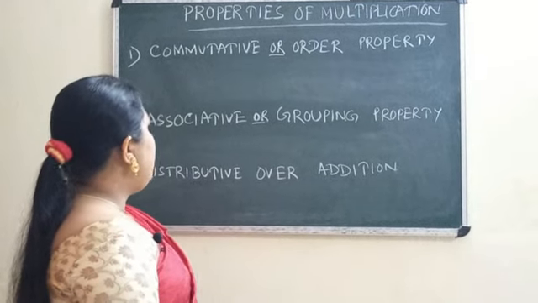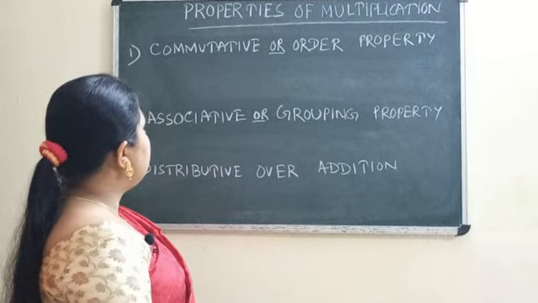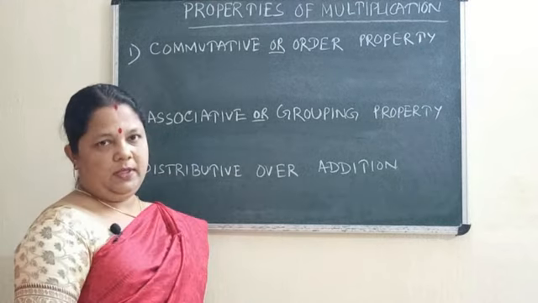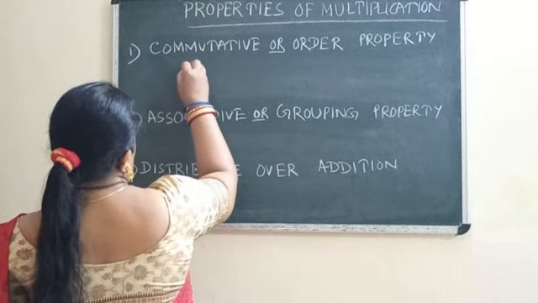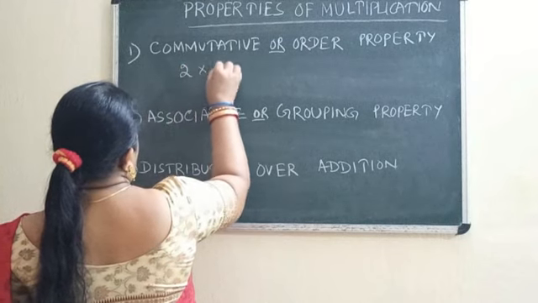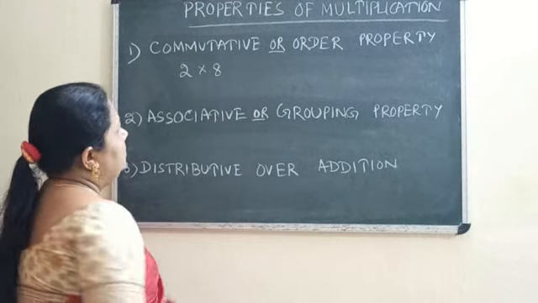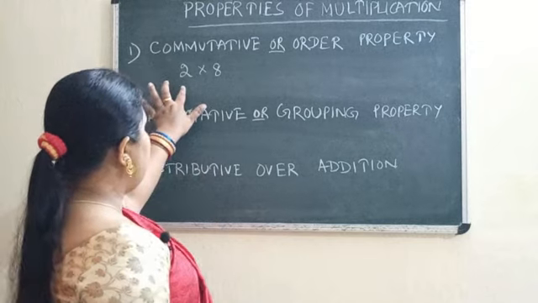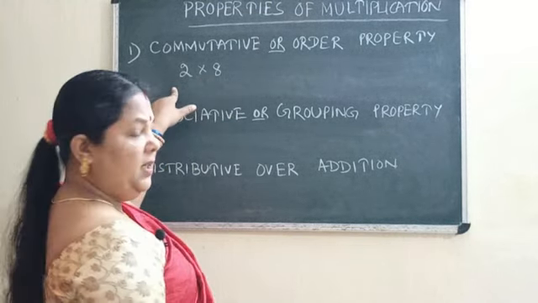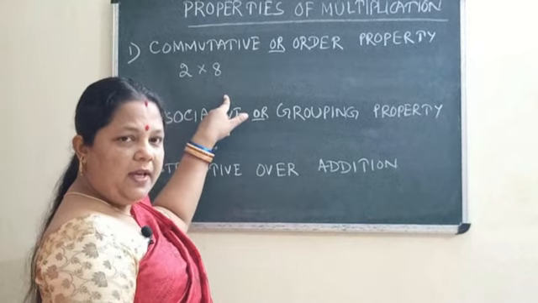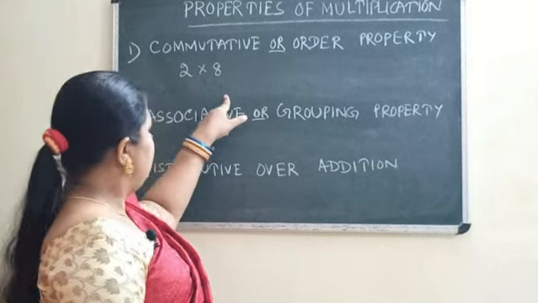Okay. So start from number one, that is commutative or order property. Let's take one example of this. Suppose 2 into 8. So this is one number multiplied by another number. One is multiplicand, one is multiplier. We have already discussed.